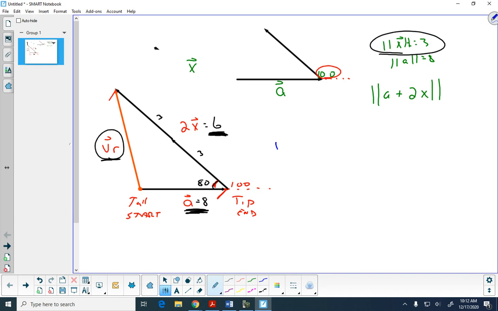So let's find VR by using our law of cosines. Start out your law of cosines, VR squared. At the end will be the cosine of the angle opposite that. So we're going to have the cosine of 80 degrees.